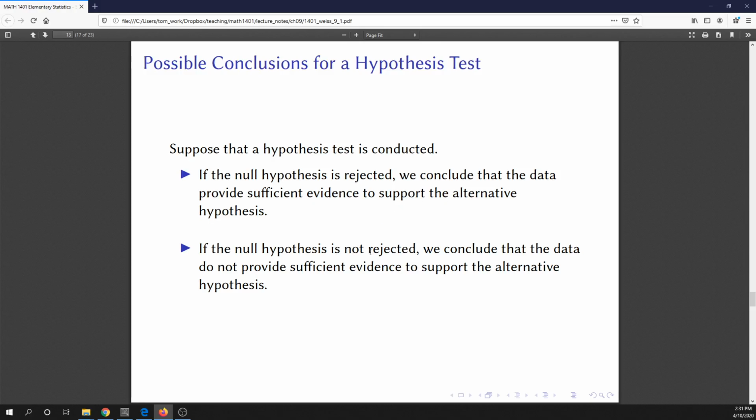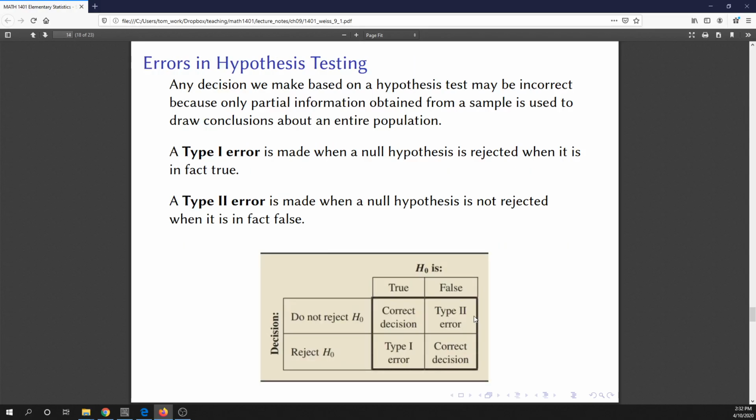If the null hypothesis is not rejected, we conclude that the data do not provide sufficient evidence to support the alternative hypothesis. We're not saying that the null hypothesis is necessarily true or not, but based on the data, we can't conclude that the alternative hypothesis is true. So those are the possible outcomes.